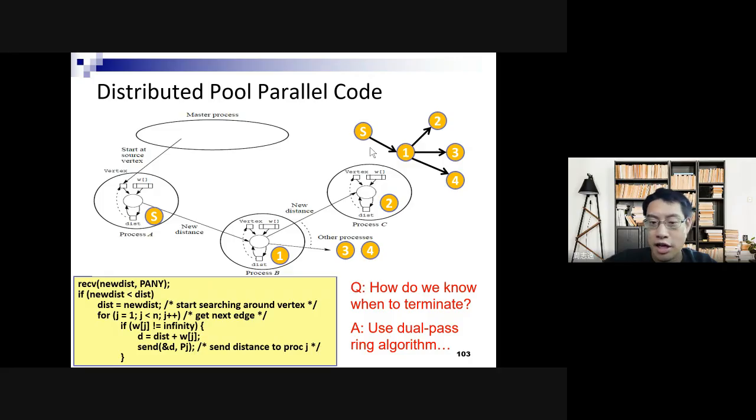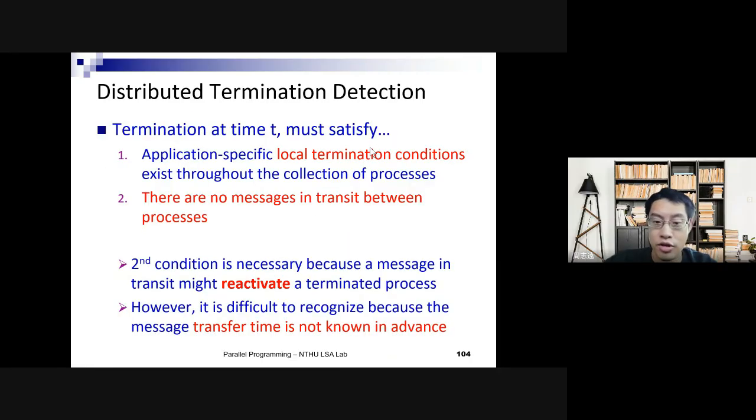Even more than that, a computing task could be generated at runtime through a message. So for the termination condition, there are two requirements for a parallel program to really terminate.